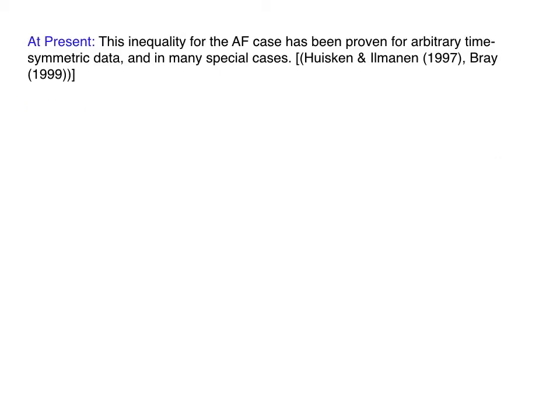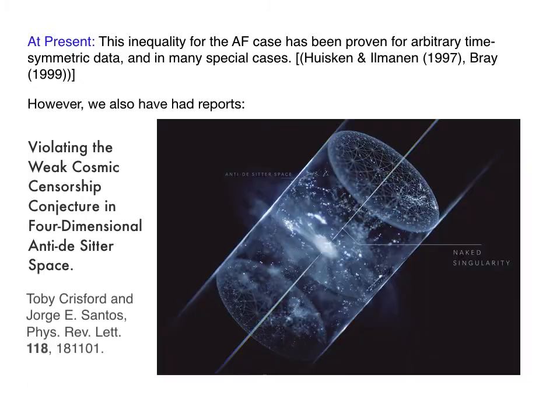At present, this inequality for the asymptotically flat case has been proven for arbitrary time-symmetric data and in many special cases. However, we have had recent theoretical numerical reports saying that there might be a violation of the weak cosmic censorship conjecture in four-dimensional anti-de Sitter space.